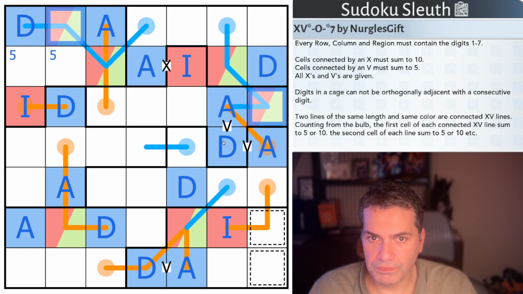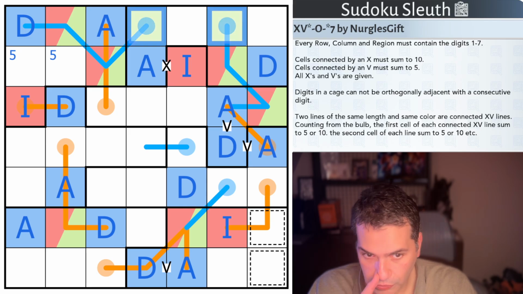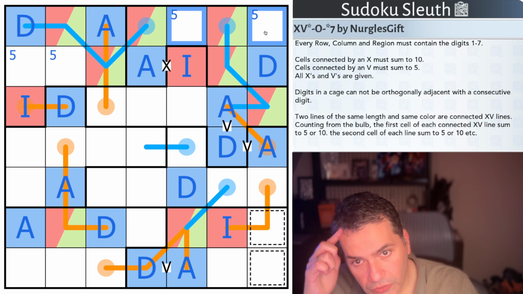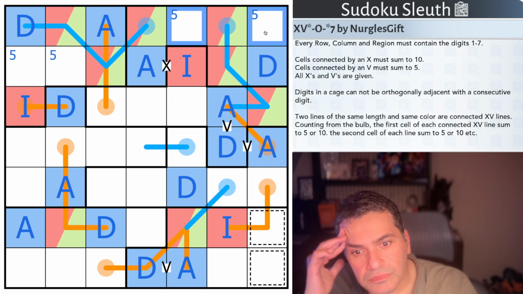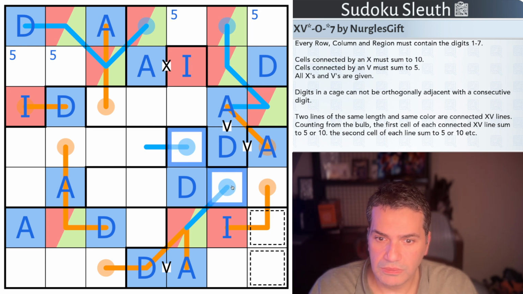Okay. These two are in the same box, same region, excuse me. So they are not 5s. The 5s are in one of these two cells. They're in the same region as well. So this is definitely blue-green.